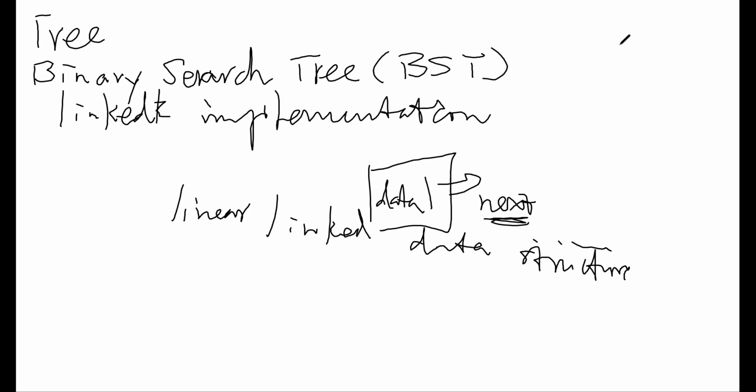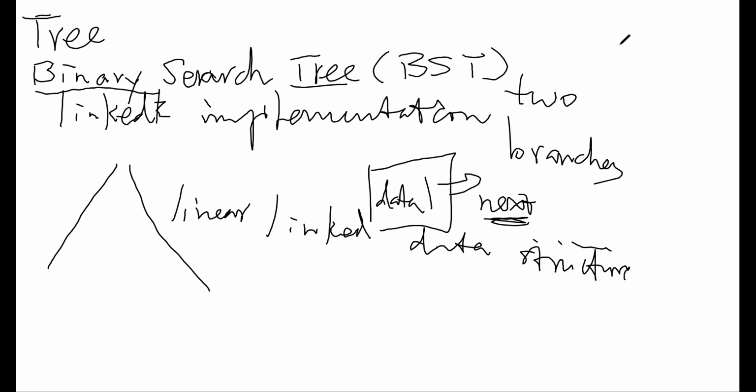Over here, because it's a tree, and here it says a binary tree, binary means only two branches. What is that going to look like? It's kind of like this. It's a binary tree.